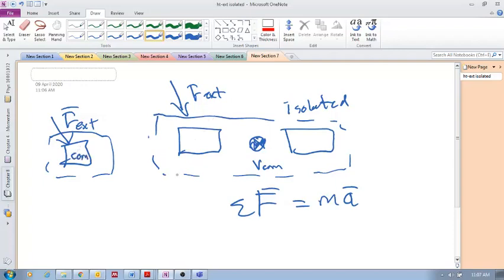Similarly, if we have a system of objects, then an external force is going to accelerate the center of mass. If there's no external force, then the acceleration of the center of mass is zero, even though these objects are interacting within the system.